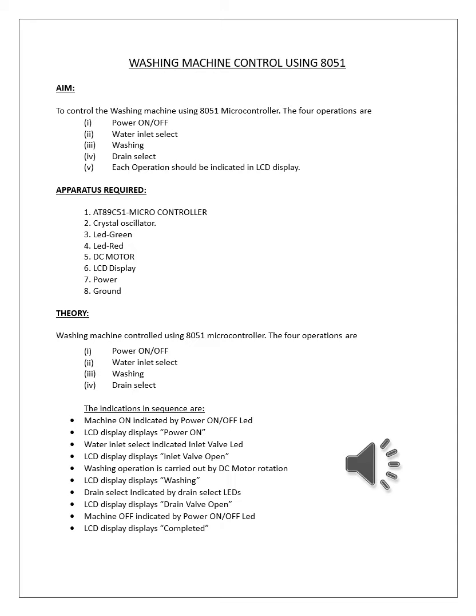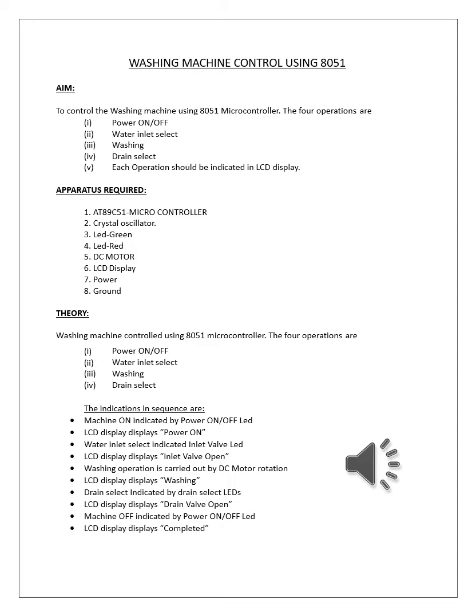Now it has to do the washing. With the help of the motor we do a forward as well as a reverse motor operation. We keep 15 seconds for the forward motor and 15 seconds for the reverse motor. Once the motor operation completes, the motor stops.